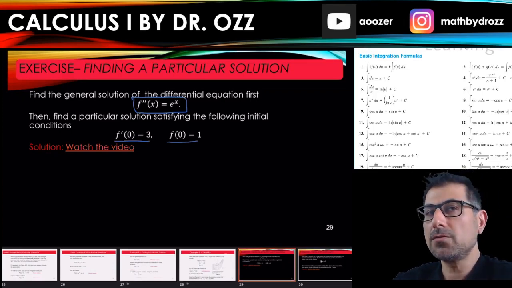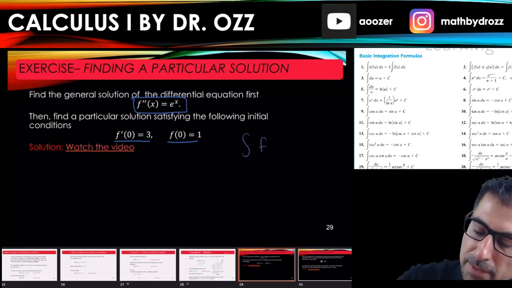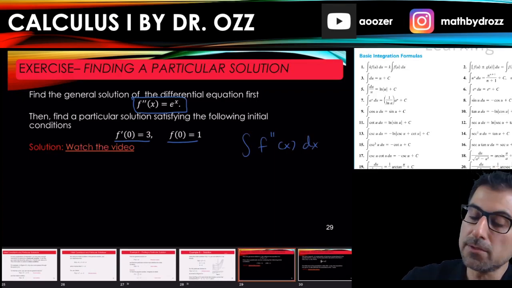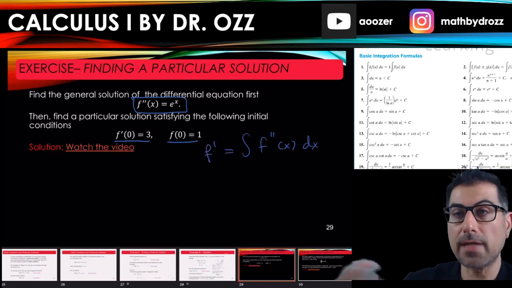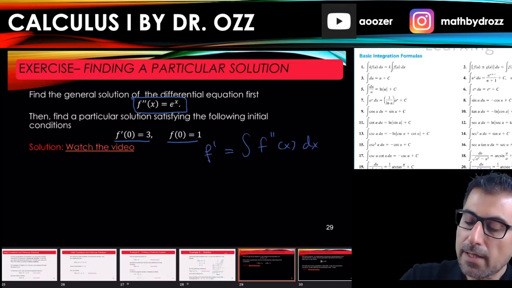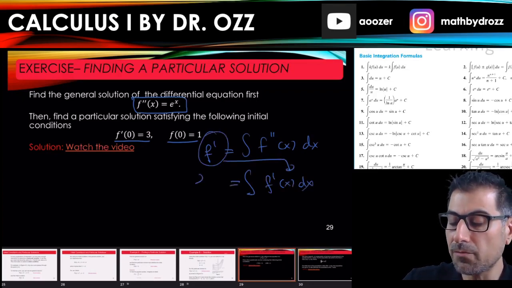That means you're going to do integration twice. First you're going to look at the integral of f double prime of x dx. Once you're done, you're going to find f prime with an arbitrary constant. And after integrating f prime, you get f of x.